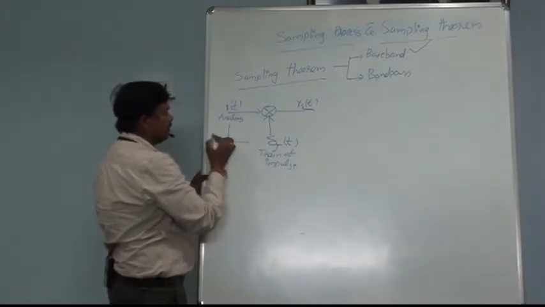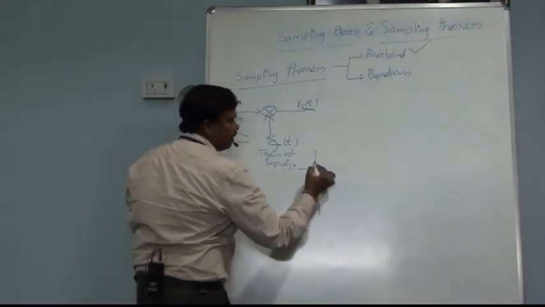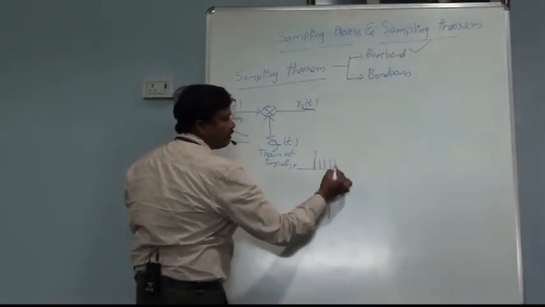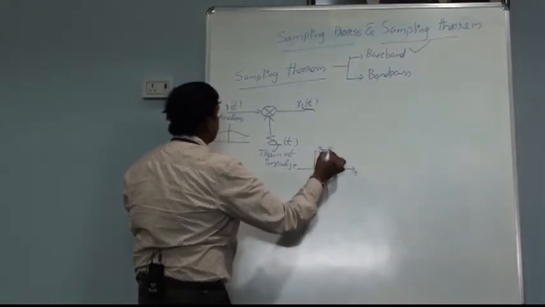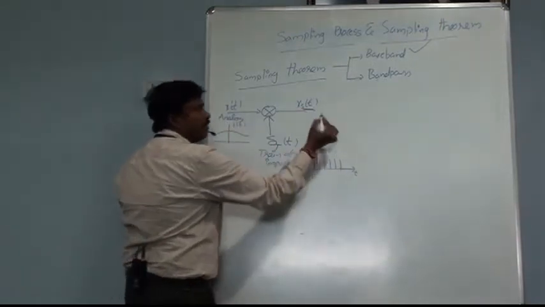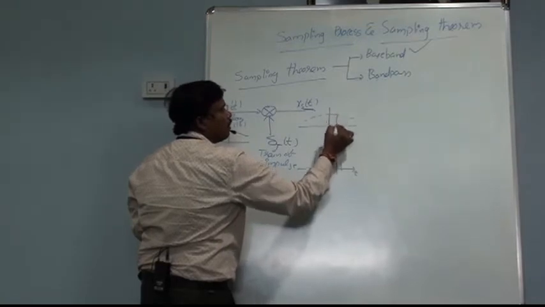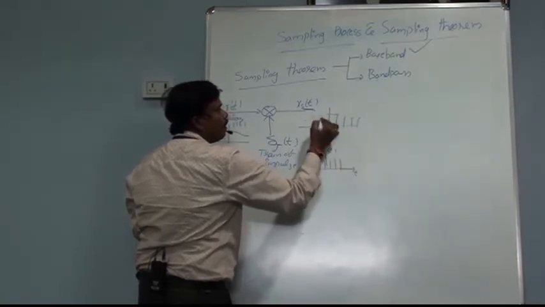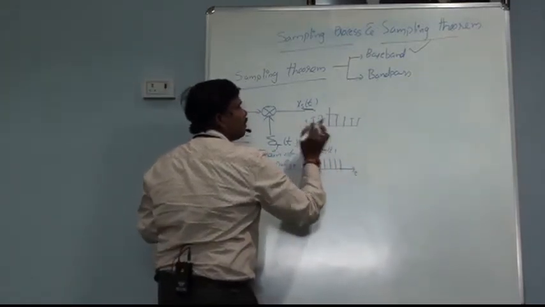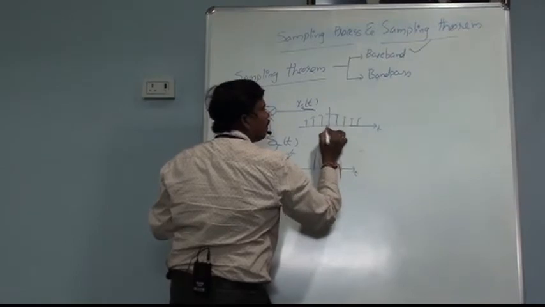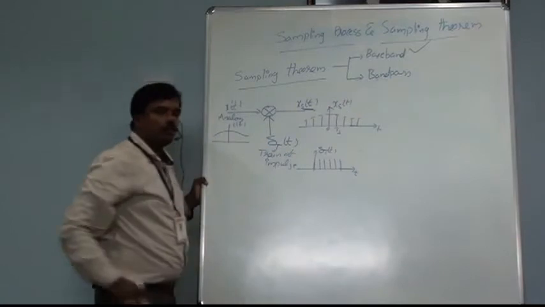We can represent this with a simple diagram: the original signal, the train of impulses, and the sampled signal will be like this. This will be xs of t.